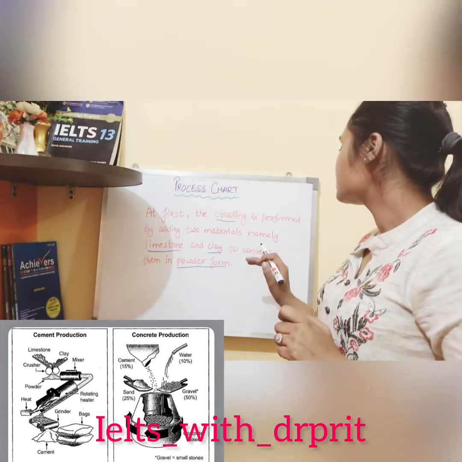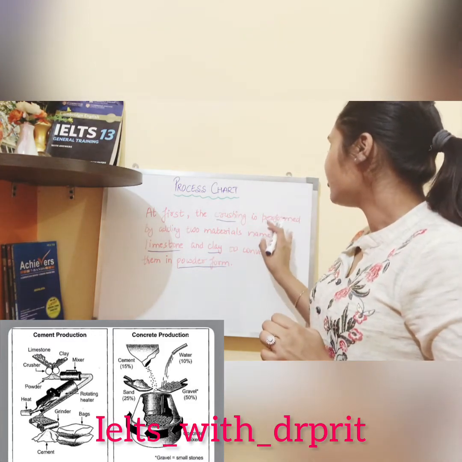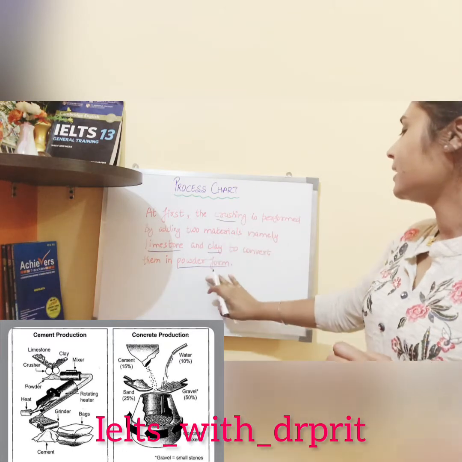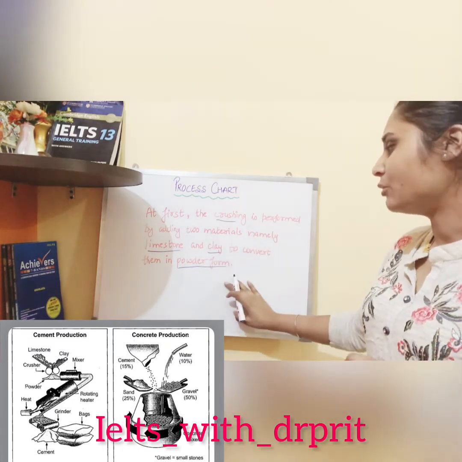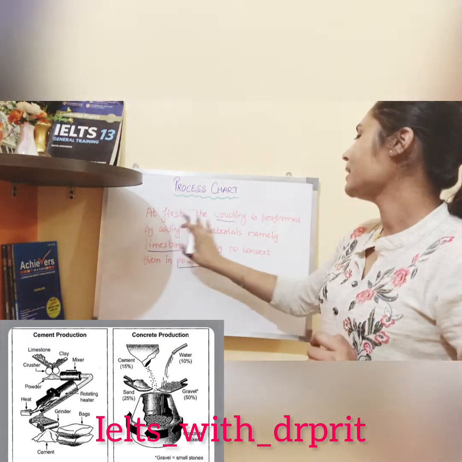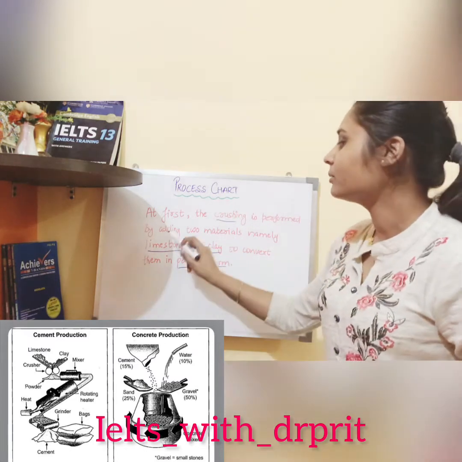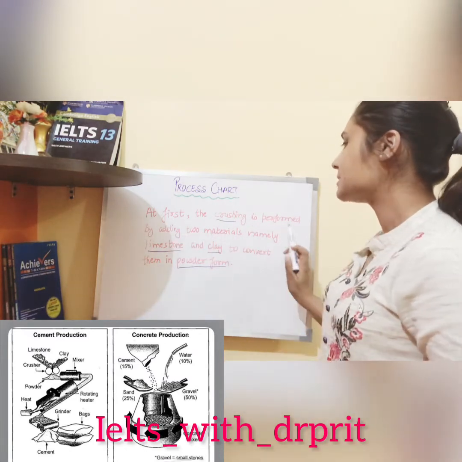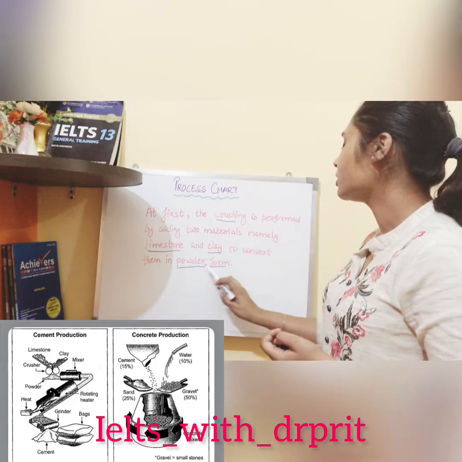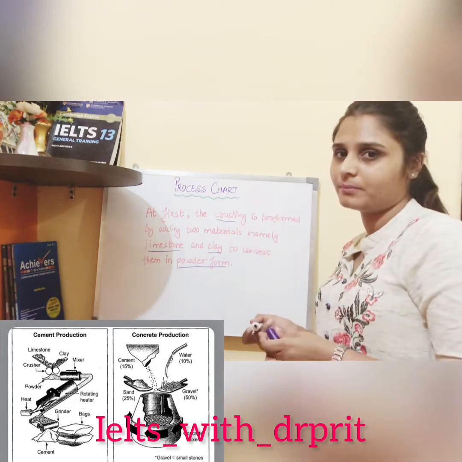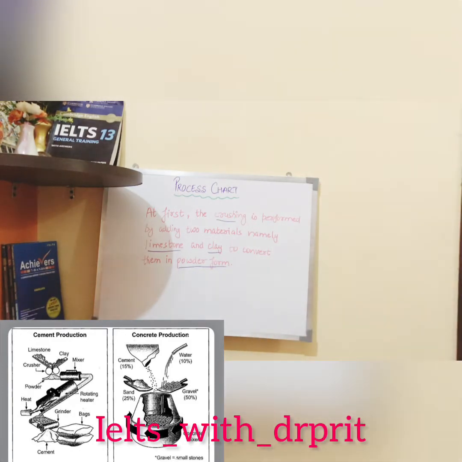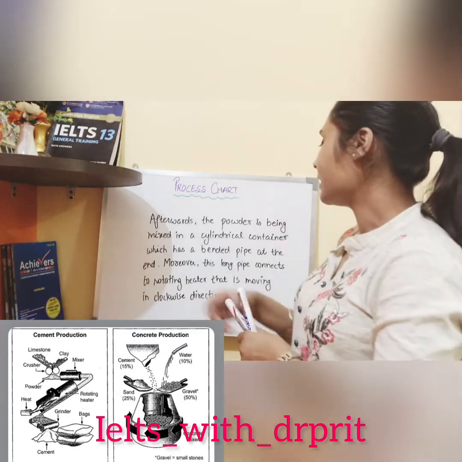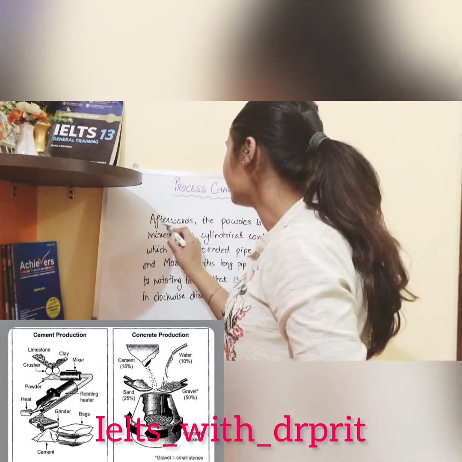So our sentence would be, at first the crushing is performed by adding two materials, namely limestone and clay, to convert them into powder form. Add a connector, that would be afterwards.